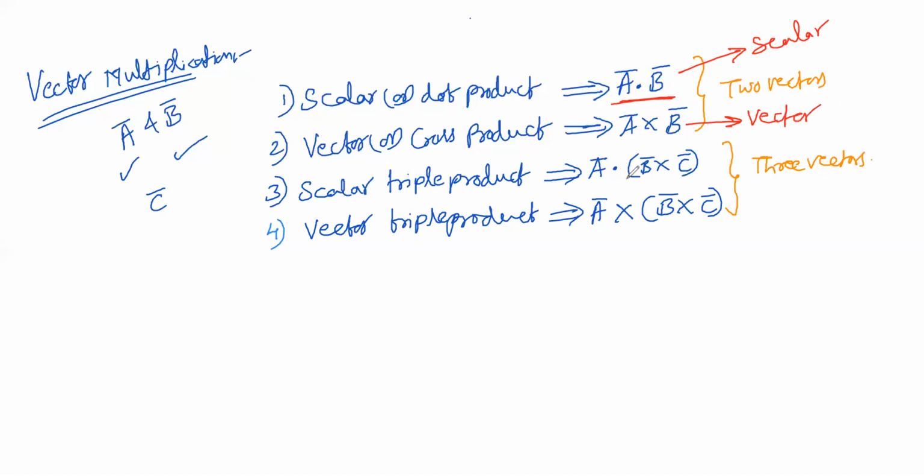The product of three vectors A bar, B bar and C bar in the scalar triple product gives a scalar, and in the vector triple product gives a vector. So these are the results for the four different types of vector multiplication. Now let's look into them one by one. First, the dot product or scalar product.